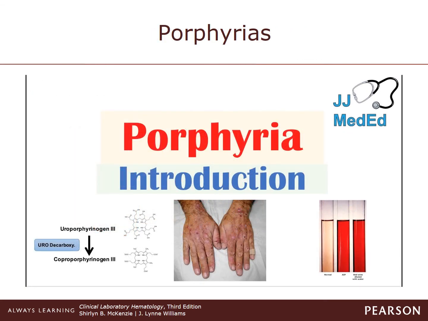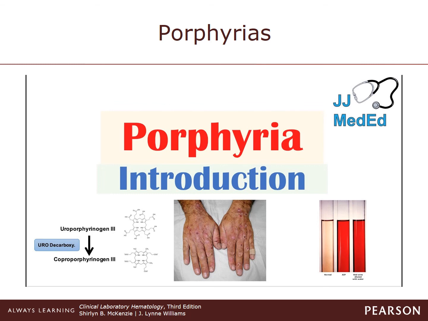Porphyrias are inherited disorders characterized by a block in porphyrin synthesis, where abnormal porphyrin metabolism is due to a defect in one or more enzymes in the heme synthesis pathway, which leads to an accumulation of porphyrin heme precursors in the tissue. Large amounts of this are excreted in the urine and the feces.